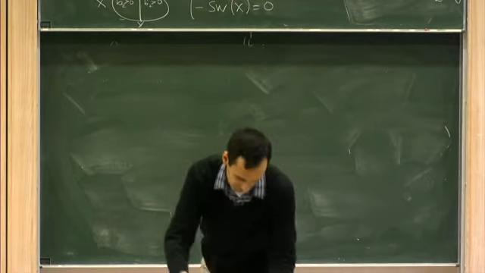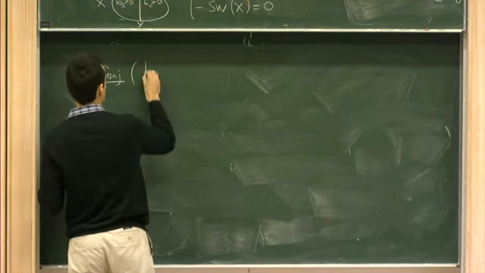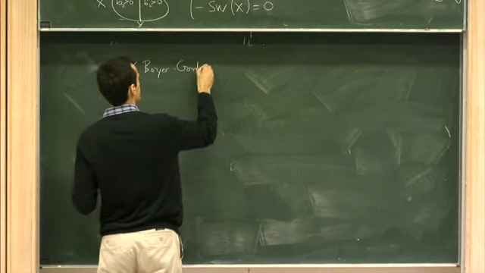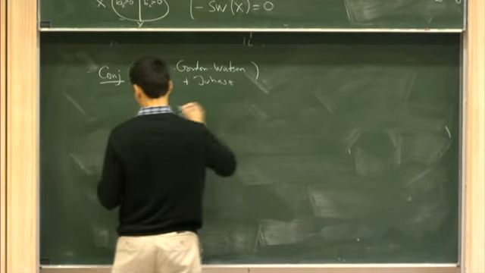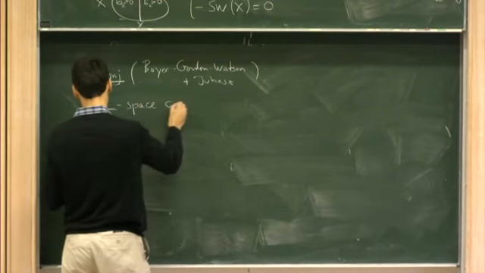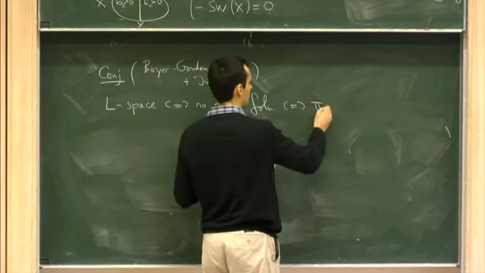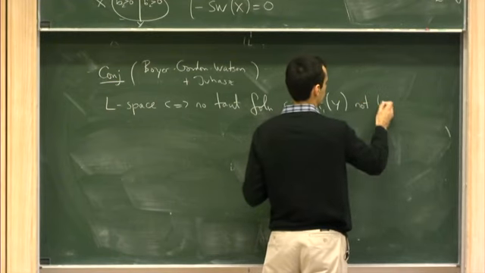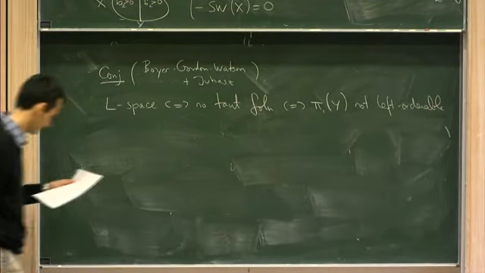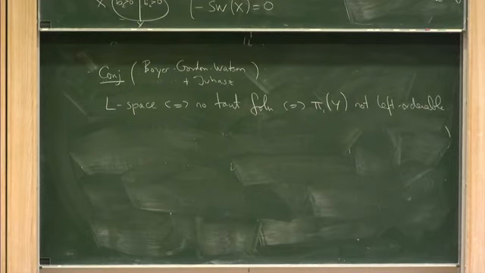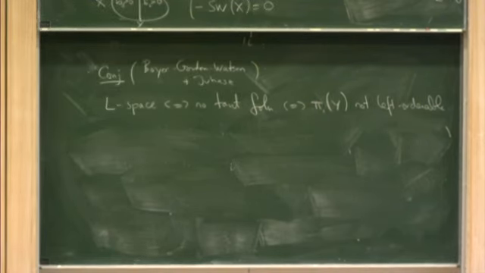Conjecture, or question maybe, of Boyer, Gordon, Watson, maybe plus Juhász: Y is an L space if and only if it has no taut foliation, if and only if pi_1 of Y is not left orderable. Great. Well, Nathan checked it for many cases, but it's still not clear if it's true or not.